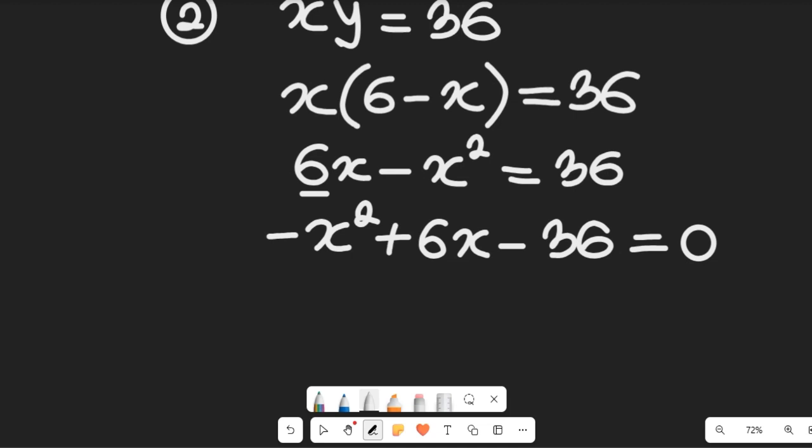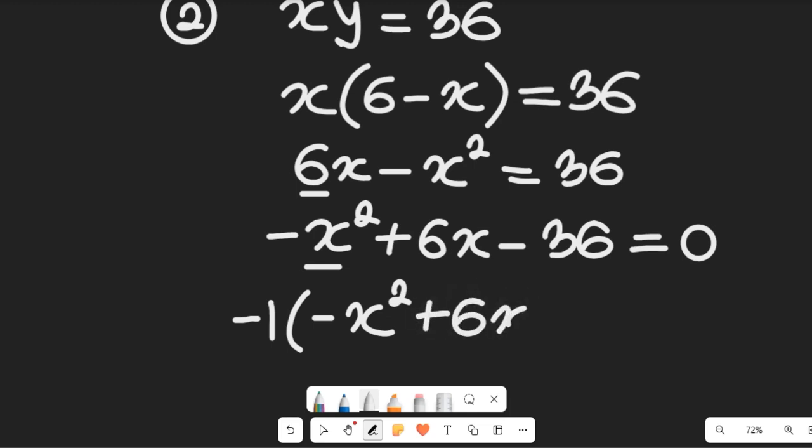Now, in order to have a positive value for x squared, I'm going to multiply all through by negative 1. So I'll have negative 1 multiplying negative x squared plus 6x minus 36, and all of these will be equal to 0.